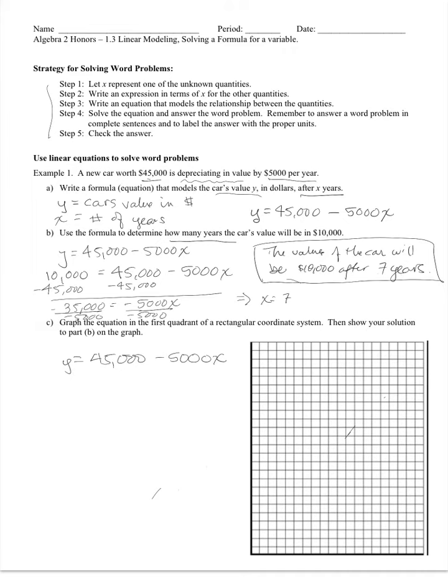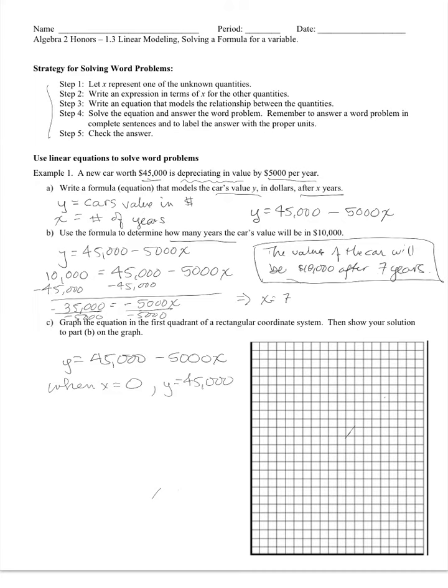So when x is equal to 0, what is y? When x is equal to 0, we're going to get the y-intercept. y equals 45,000. So I can plot that point.